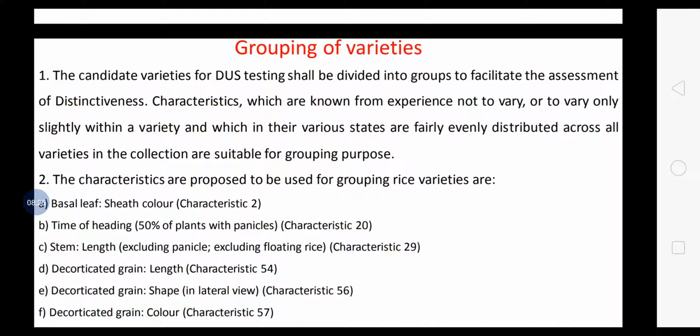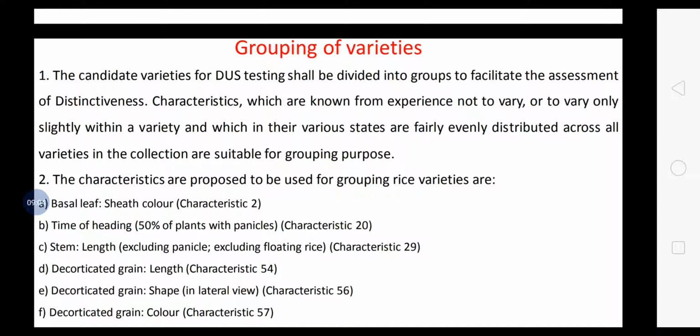The characteristics proposed to be used for grouping varieties are like basal leaf sheath color, that is characteristic 2, time of heading 50% plants with panicles, that is characteristic 20, then stem length excluding panicle, excluding floating rice, characteristic 29, then decorticated grain, length of the grain, that is characteristic 54, decorticated grain, shape of grain, that is characteristic 56, and decorticated grain, that is characteristic 57.